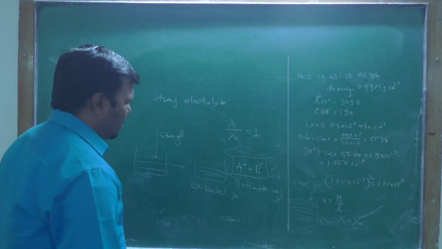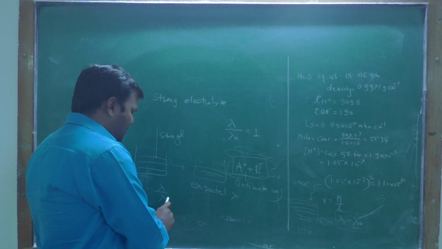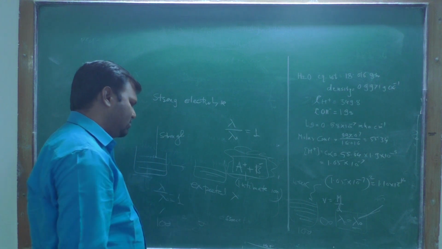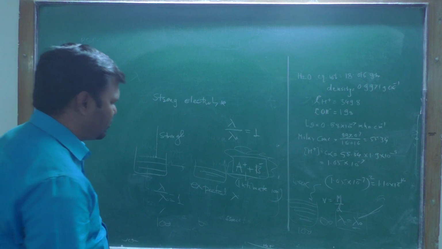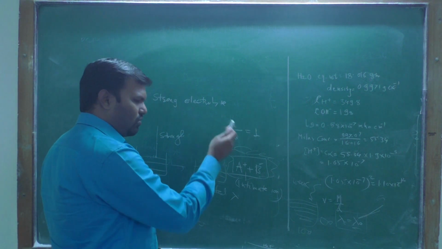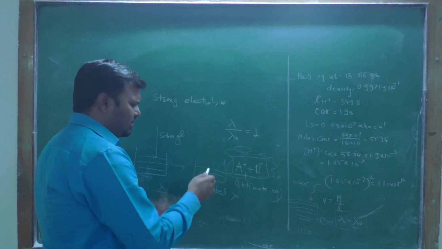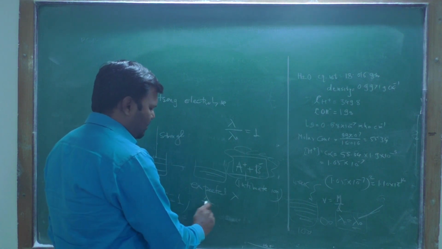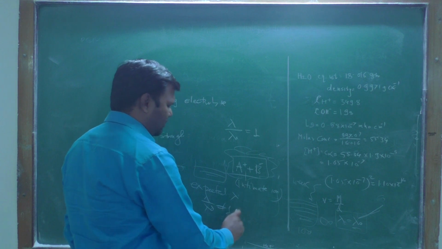At the start, lambda upon lambda 0 is equal to 1, because it is almost completely dissociated. But when you concentrate it more, at very high concentration, then lambda upon lambda 0 is not equal to 1.